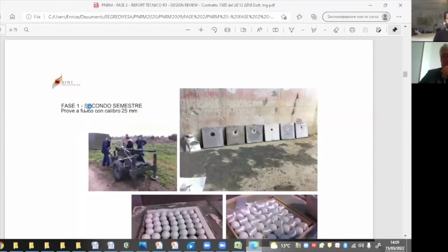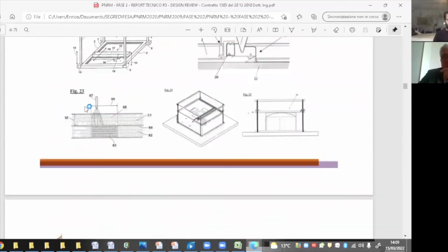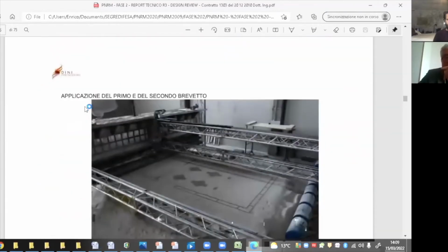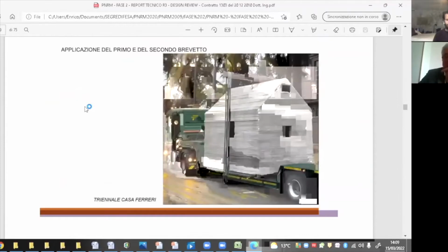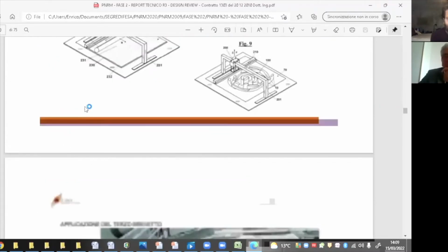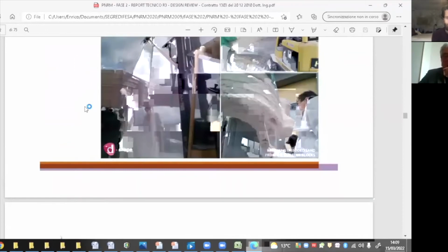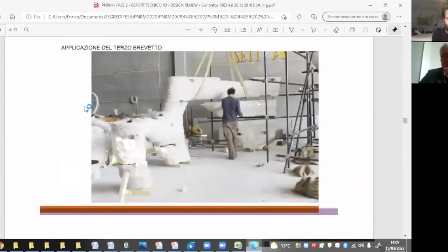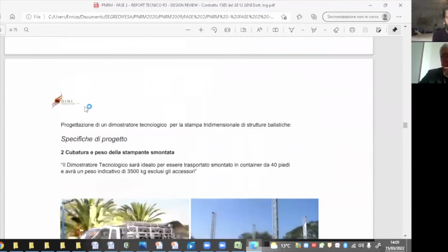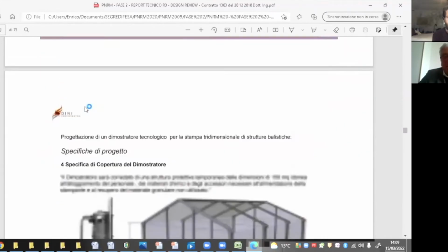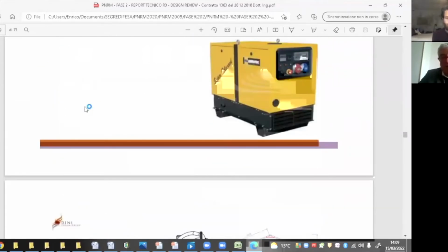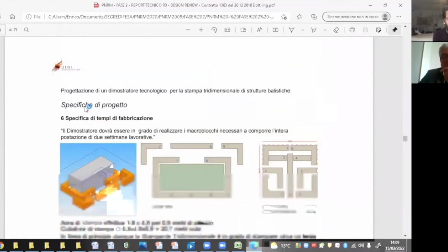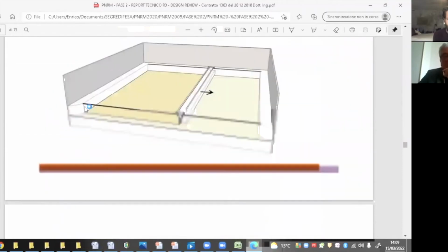But at the end, I'm searching for the right slide. This is the 3D printed home. You may remember when I mentioned the 3D printed home, and then this is the experience of making an on-site experiment of printing with the generator.